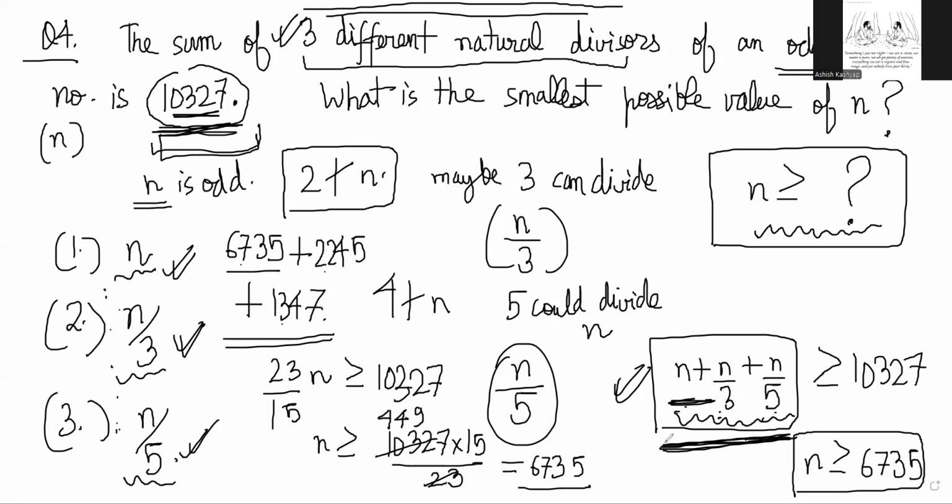So we got an inequality, n plus n by 3 plus n by 5 is greater than or equal to this, and from there we got n is greater than or equal to 6735. And equality works. So the smallest value of n will be 6735. Are you understanding? This is a nice trick.